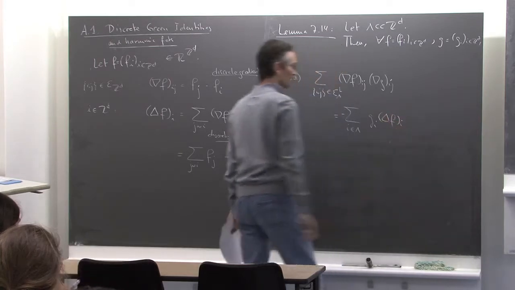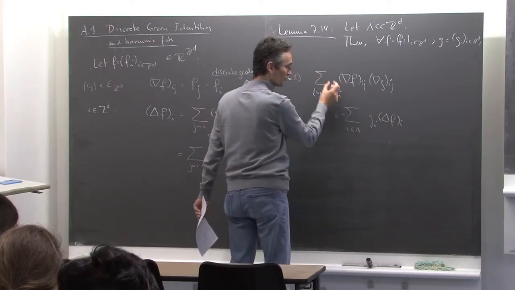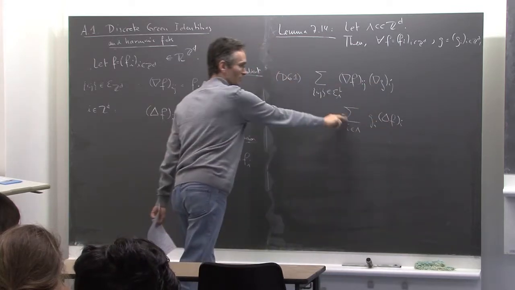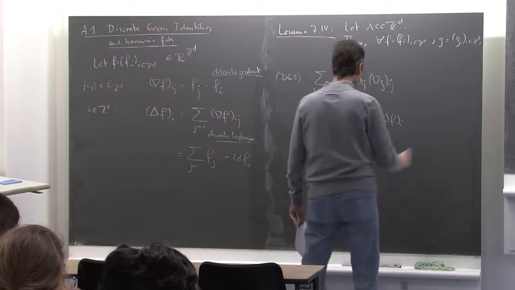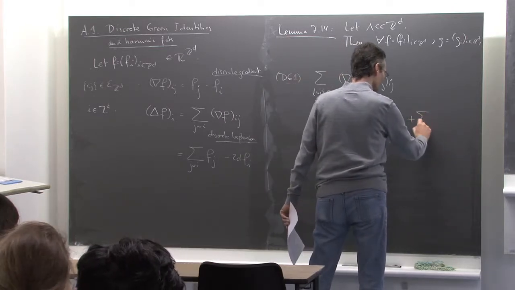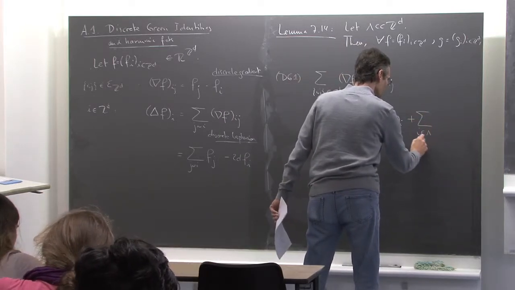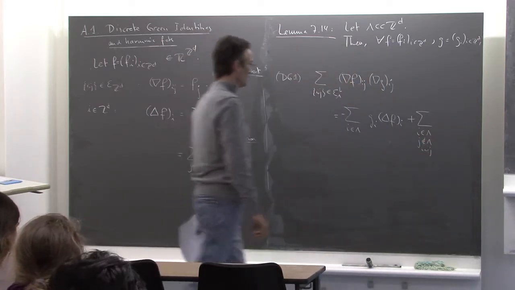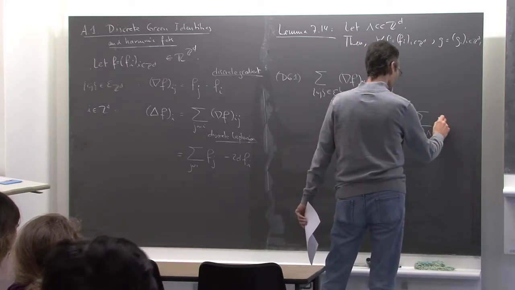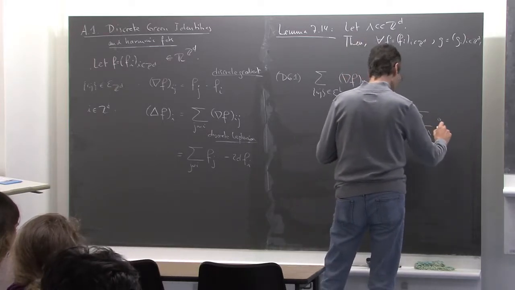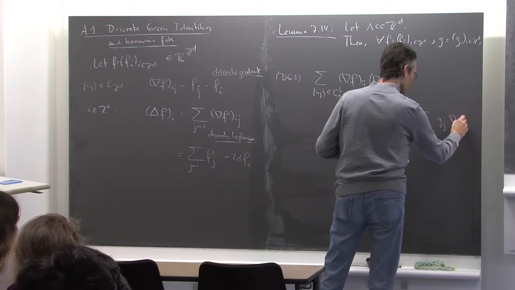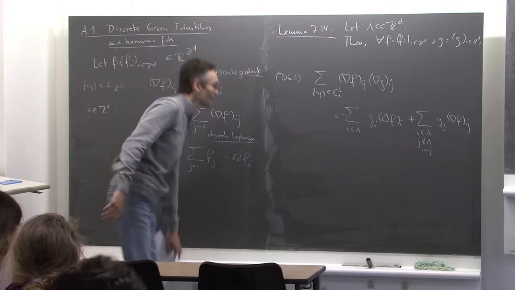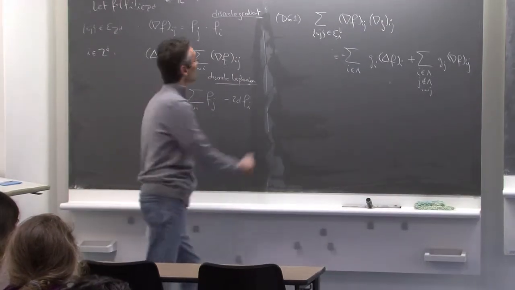So I've made the summation by parts. I've moved this gradient here, which gives me the Laplacian with a change of sign. But then there is a boundary term. And the boundary term takes this form, so it's a sum over all i in lambda, j not in lambda, i and j neighbors. Okay. And then it will be, let me not make it wrong, so gj gradient f ij. I want to have the signs correct. I have to be careful.